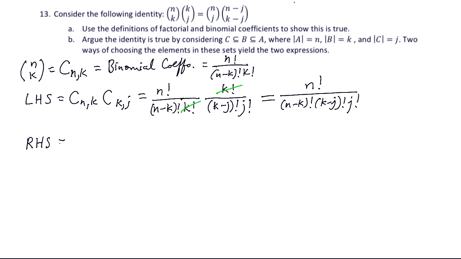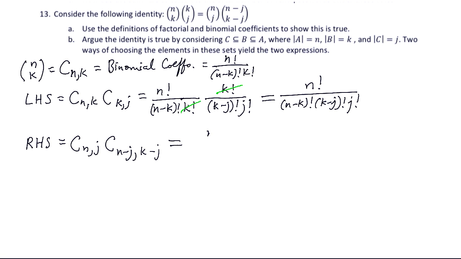And I think I can get it into the same terms. This one is C(n, j) times C(n minus j, k minus j). And this is the trickiest part here, is actually plugging in n minus j and k minus j into this formula for the binomial coefficients. And you'll see, it works out.